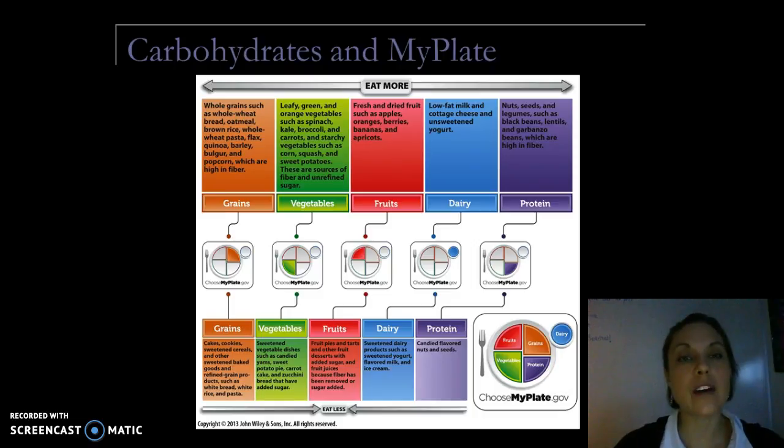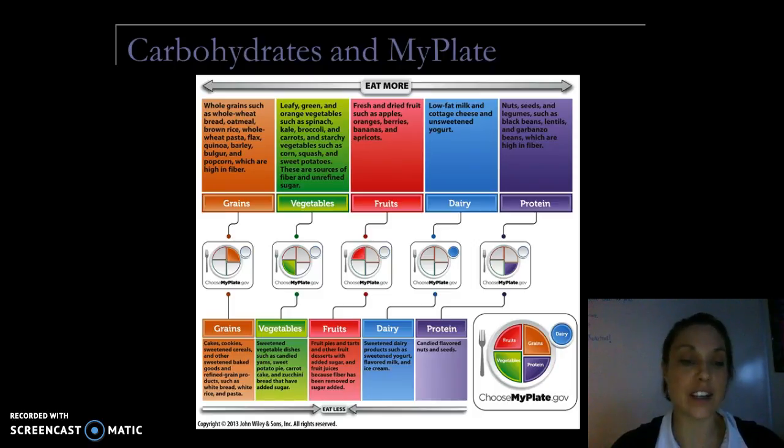When we look at carbs and Choose My Plate, we want to make sure that we're focusing on the most nutrient-dense sources of carbohydrates possible. We want to focus on foods that come in their most natural form, that naturally contain more fiber and natural sugars, and a combination of fiber and starch. On the other hand, we want to avoid things that have added sweeteners, that are refined carbohydrates.